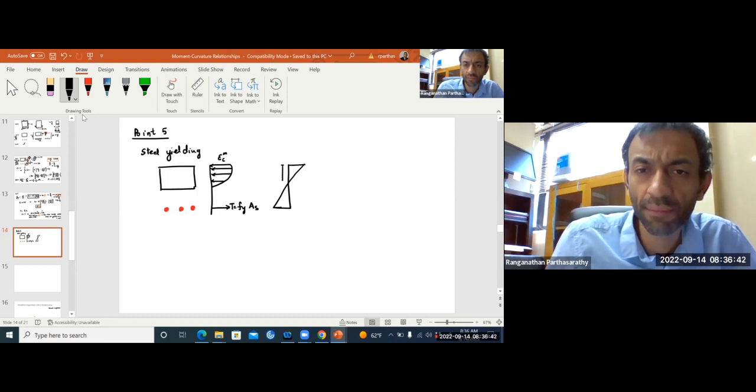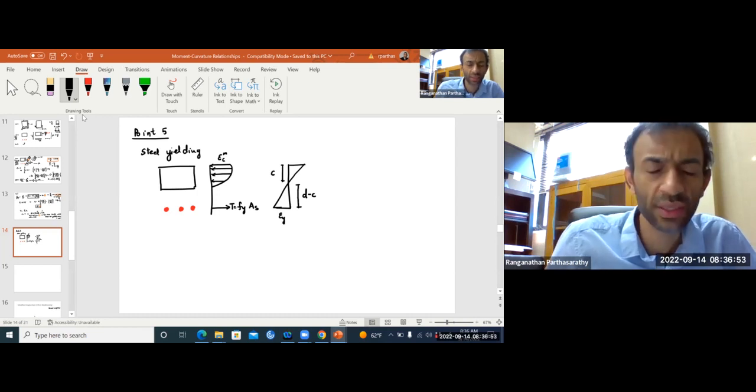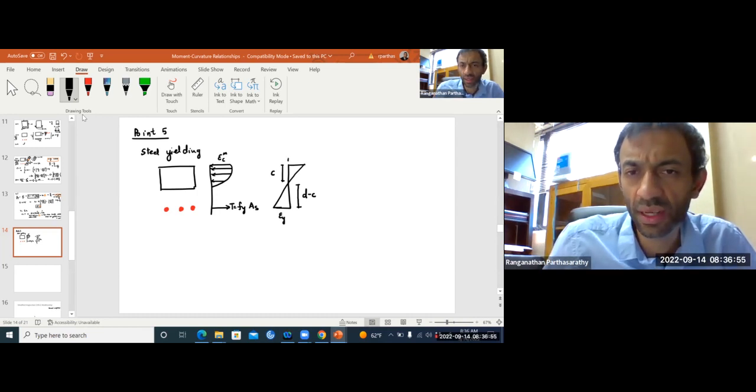This is C, this is D minus C, and here this is the yield strain of steel, epsilon Y. Just now it has yielded. How do you find epsilon Cm?